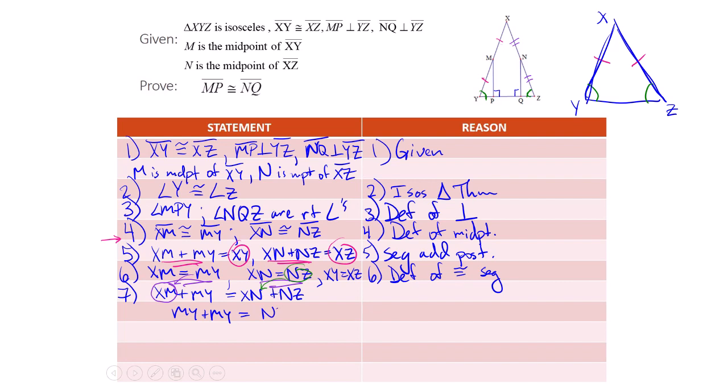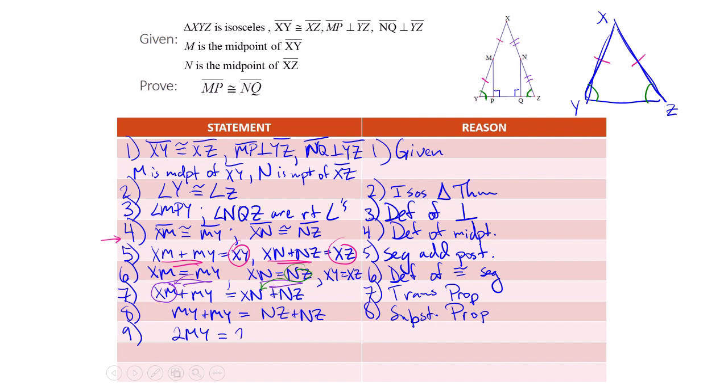So I can say NZ plus NZ, right? The reason I'm using NZ and MY is because those are the ones I want to prove are congruent. So I did that by substitution. Here I did the transitive property, here I did substitution. And then here we're just adding these together.